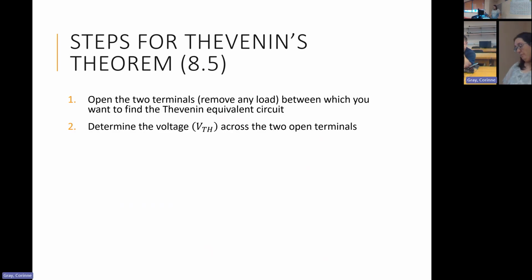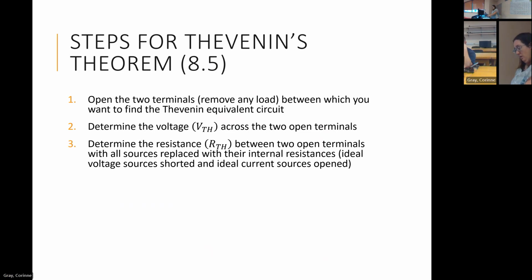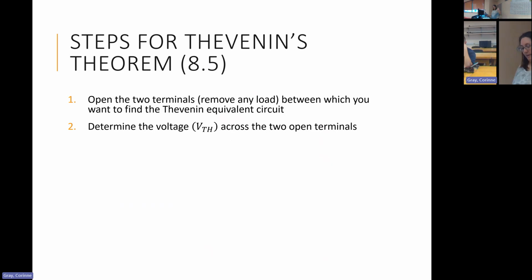We then determine the voltage across those two terminals, so in the circuit we replace it with a voltmeter. That's going to be the VL that we have. So in the diagram, it'll say VL, and the voltage value is VTH.